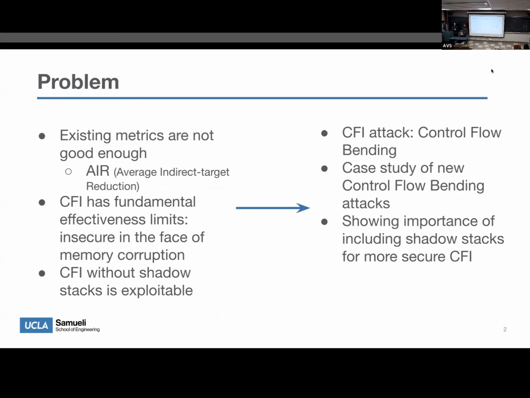So this paper was specifically pointing out how CFI had an inherent limitation and how important shadow stacks were, even though they weren't included in some of the recently published work. As a result, they showed a case study of some attacks on these various schemes using their own method, to show how necessary shadow stacks were for all the CFI stuff.